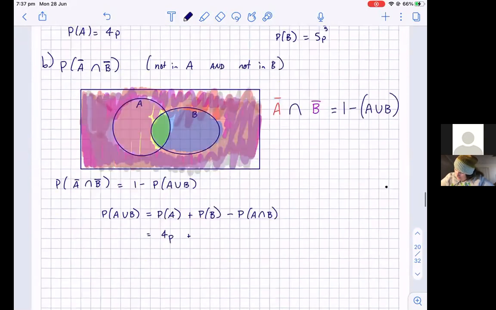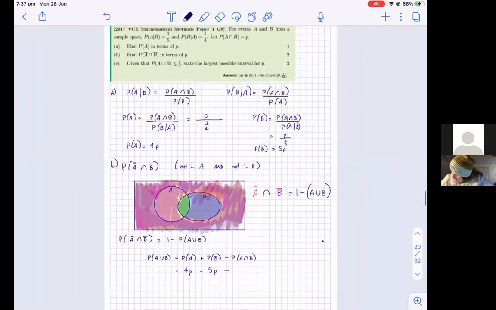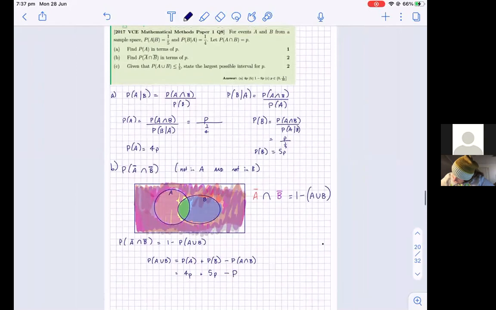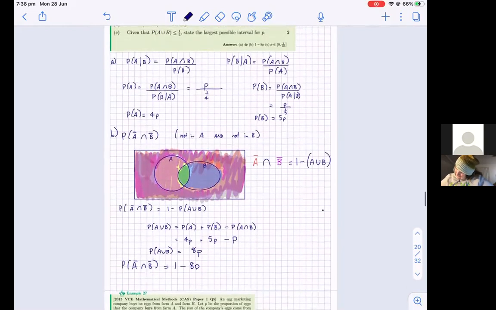So we've got 4P plus 5P minus the probability of being in that intersection. They told us that was just P, didn't they? Which means we've got 8P. Which means the probability of being in neither is 1 minus 8P. Okay.